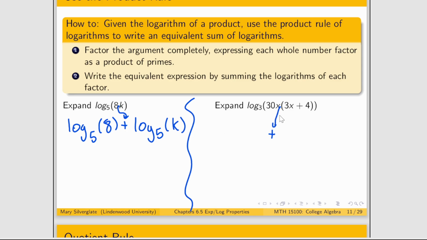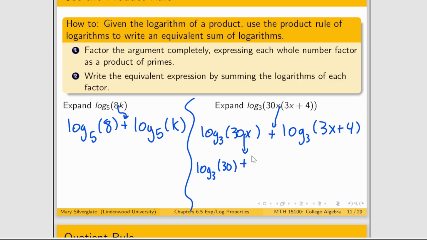So in particular, if I'm just breaking up this part first, that becomes log base 3 of 30x plus log base 3 of 3x plus 4. Then I might notice, oh, 30x, that's kind of like 8k. I can actually break that up more. That really is multiplication. There's just a secret multiplication symbol in there that we don't actually write. So that becomes further addition outside a log: log base 3 of 30 plus log base 3 of x plus, and then it might be tempting here, you might say, oh my gosh, I've got another 3x, I can break that up.